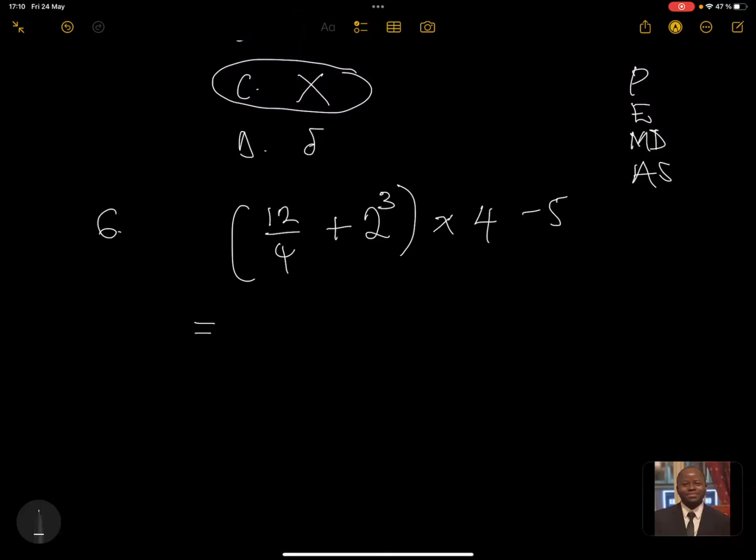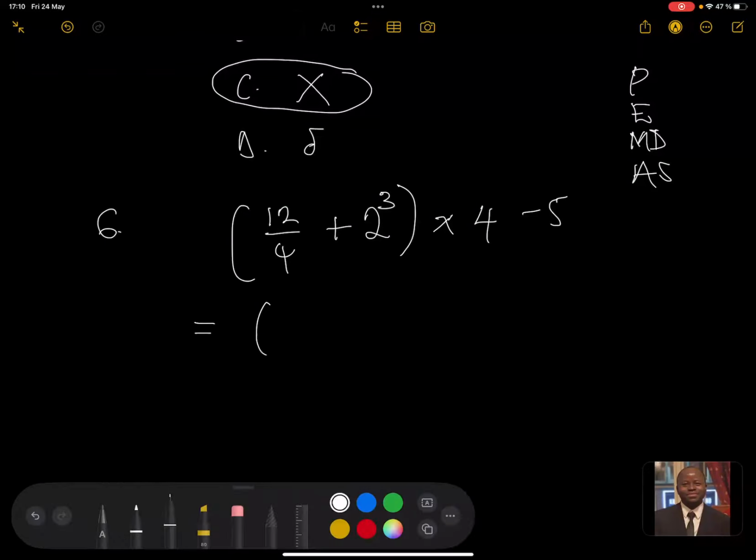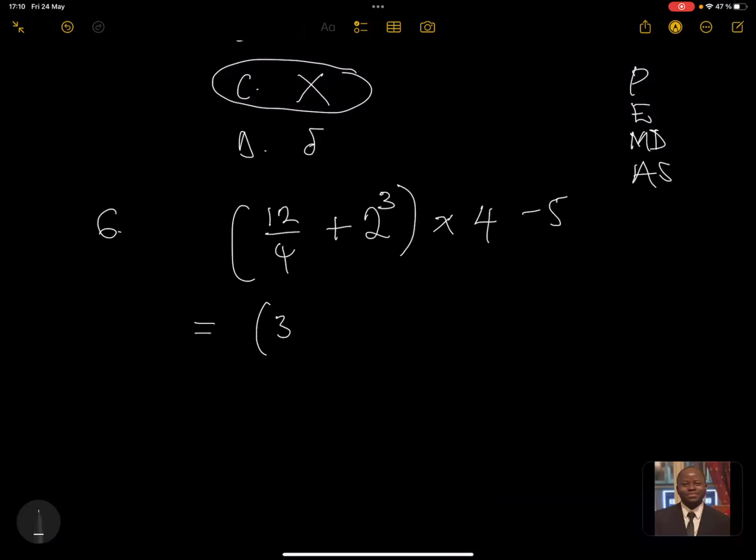So in this particular problem, we have a bracket, so we deal with what is in the bracket, which is 12 divided by 4. Open your bracket. 12 divided by 4 is 3, plus 8.